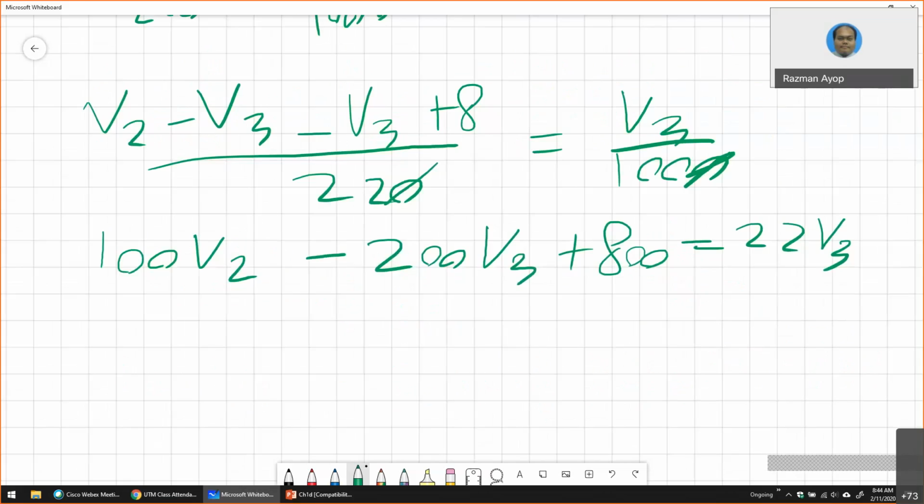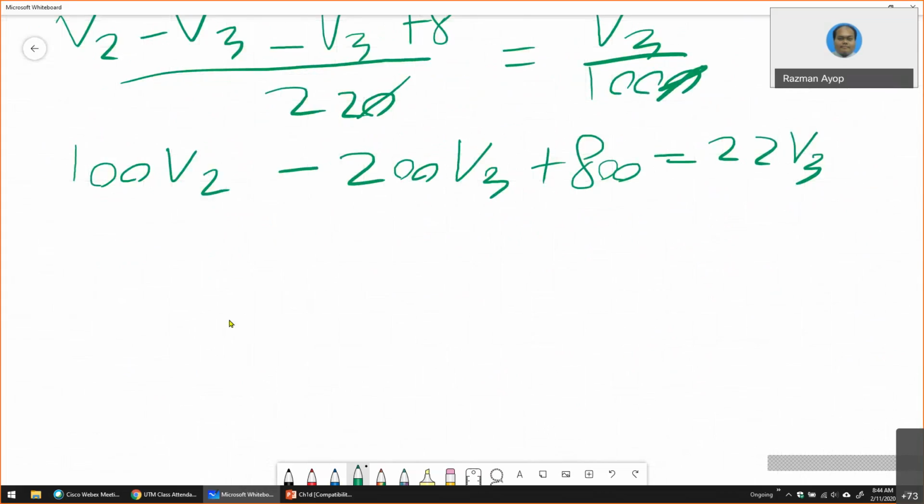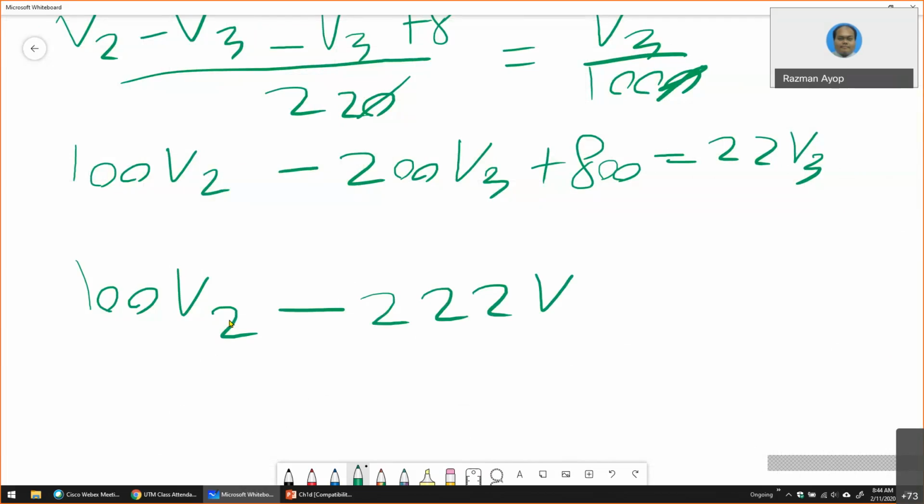Then simplify it again. Okay, V2, V3. So 100 V2 minus 222 V3, okay, equals to negative 800. So this is the second simultaneous equation.